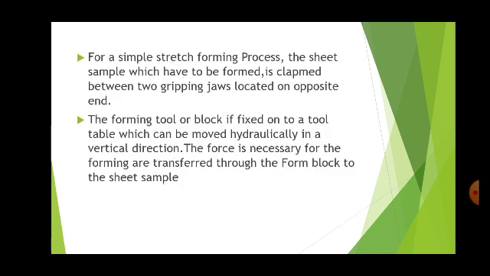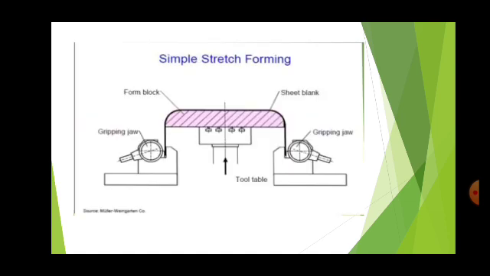The force necessary for the forming is transferred through the form block to the sample sheet. So when the force is applied, the force is transferred from the form block to the sample sheet, which makes it stretch, and we get very light metal sheets.